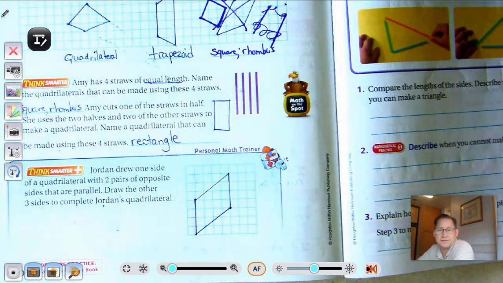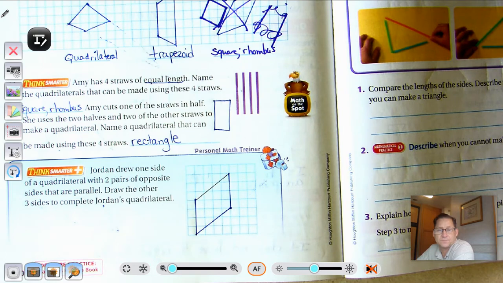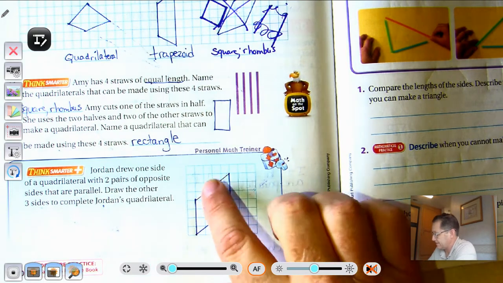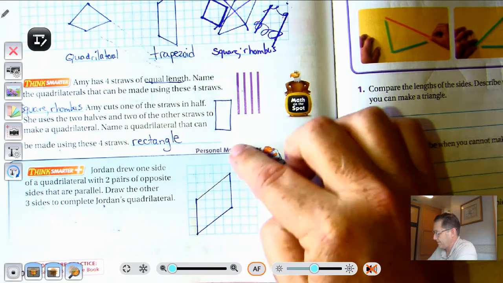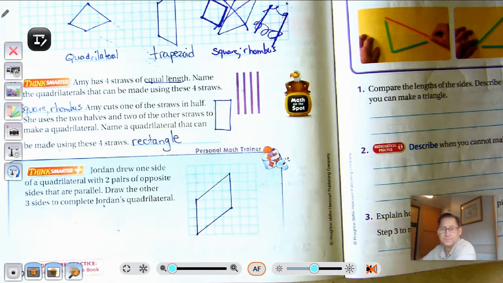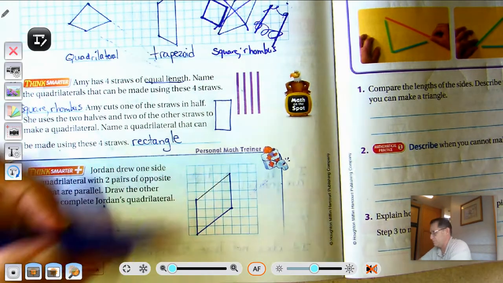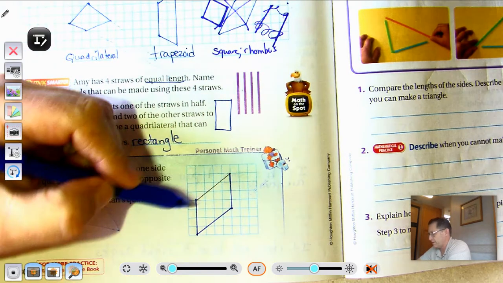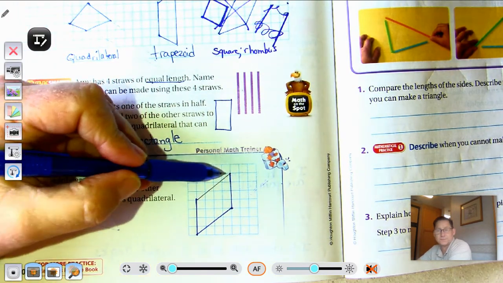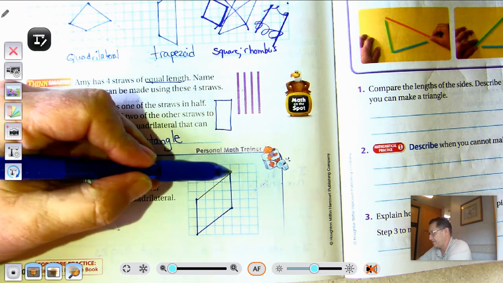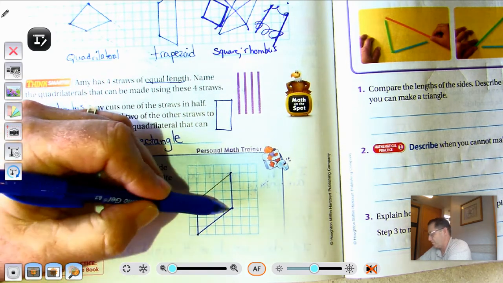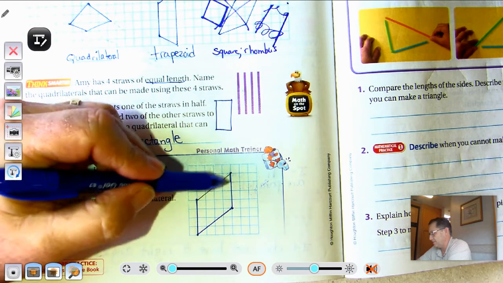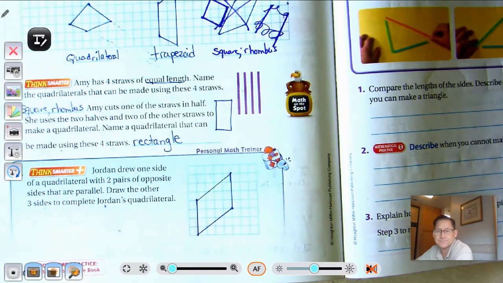So that's the shape that we can draw. Okay, we need a side that's parallel to this, which they are, and then these 2 sides are parallel. Okay, I drew them 4 boxes long because that's how long this one was. So I counted from here to here, and that was 4 boxes long. So I drew the other one 4 boxes long, and then just connected the lines.